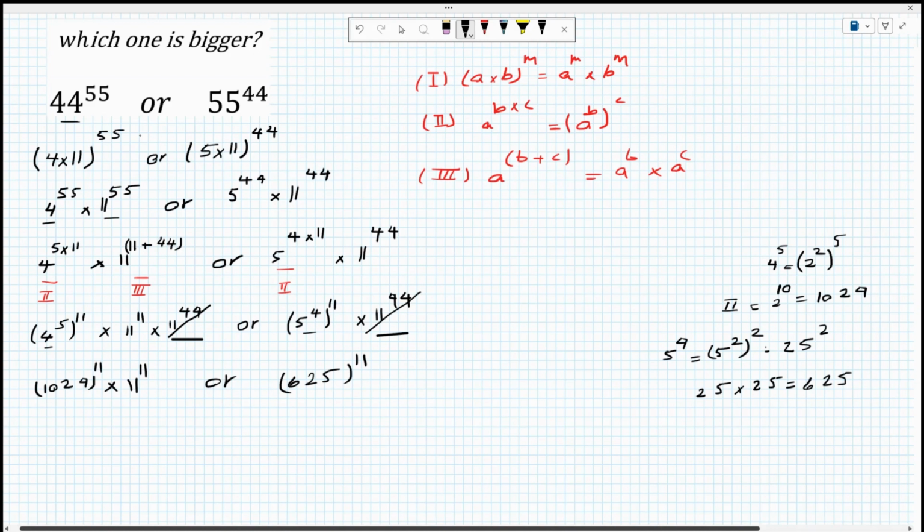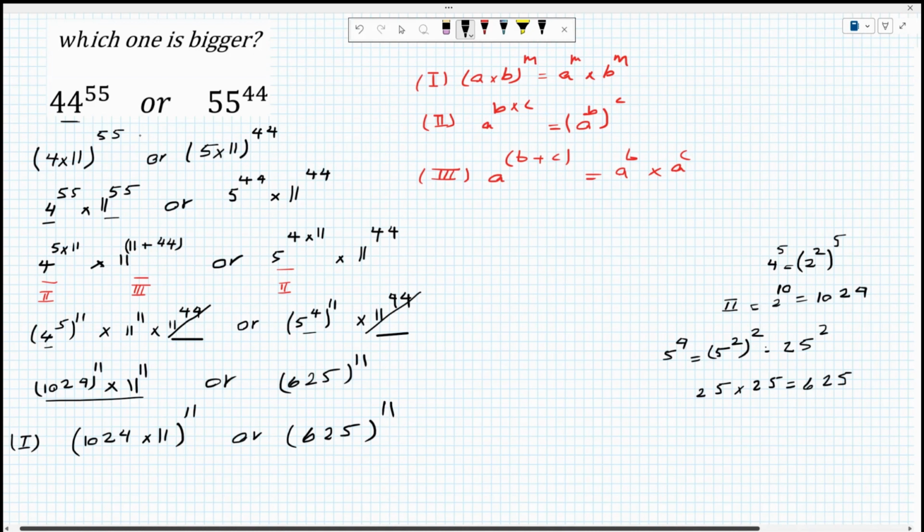As per equation number 1, here I can write (1024 multiplied by 11) in total to the power of 11. And here I have 625 to the power of 11.